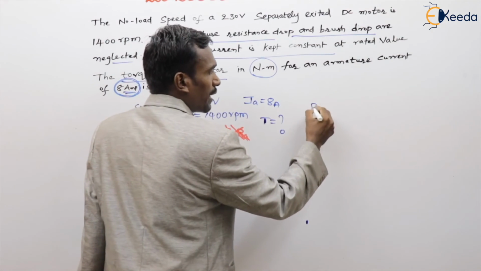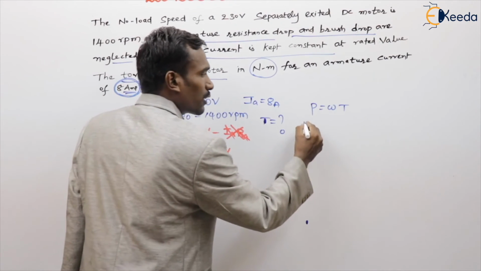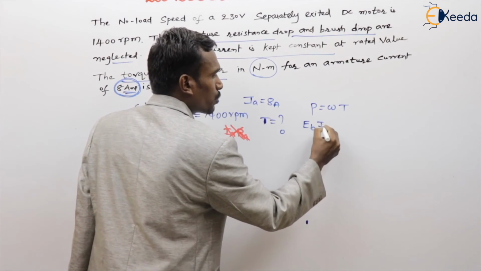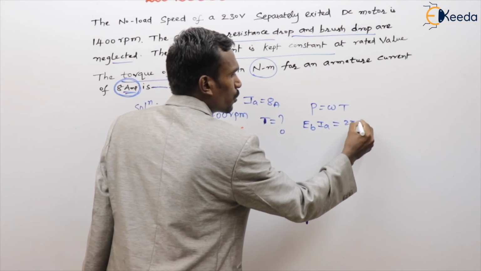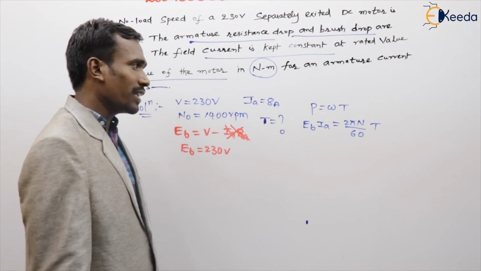Generally we know that P is equal to omega into T. P is equal to EB into IA, which is equal to 2 pi N by 60 into T. Right?